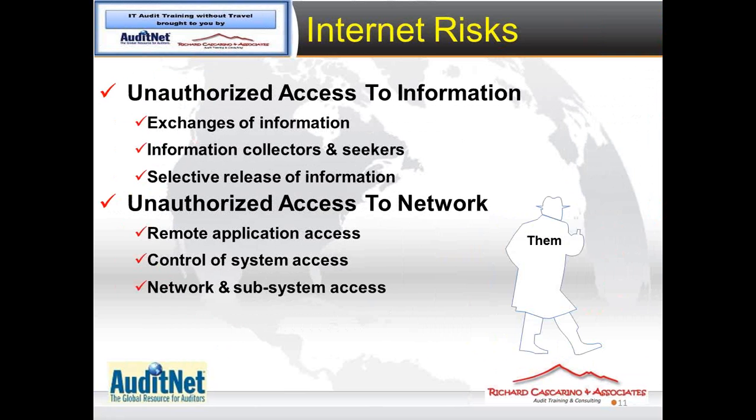But it's not just releasing information. Through the internet, if it's not properly guarded, you can get unauthorized access into the internal networks of any organization. Either remote application access or potentially the ability to control the systems, the networks, and the subsystems.